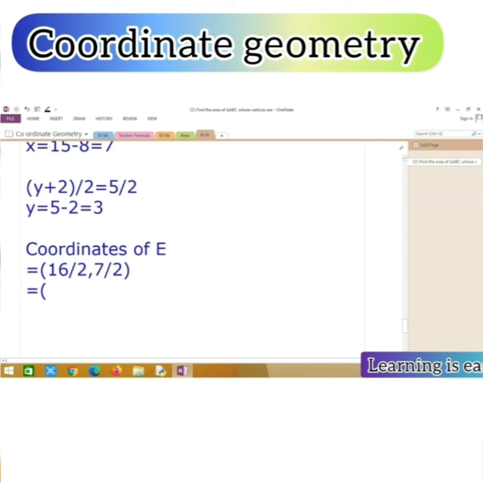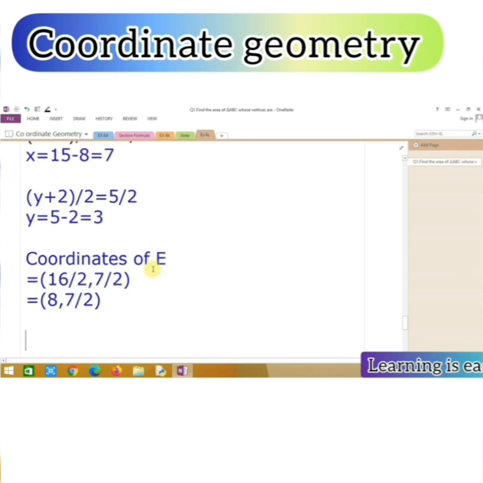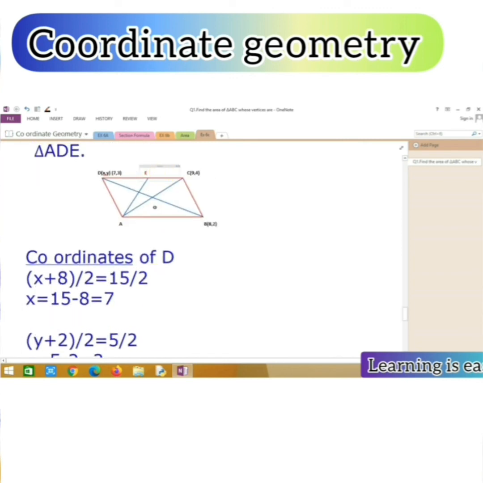That's going to be 8, 7 by 2. Now we can calculate the area of triangle ADE because we have all three coordinates.